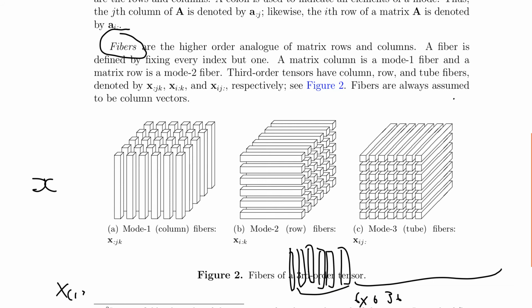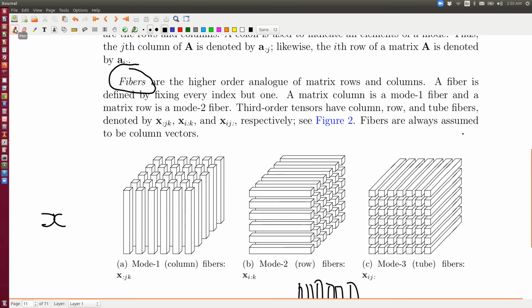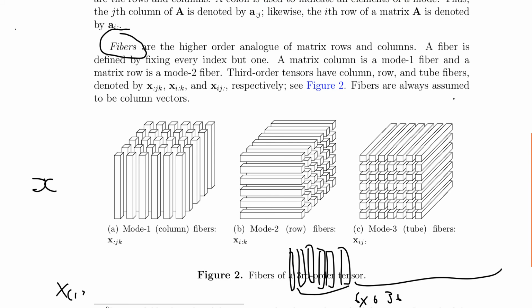If I'm going to have a mode 2 multiplication of the tensor with a matrix, I need to get back the pen. Let's say I have a B matrix, let's say this is B here.